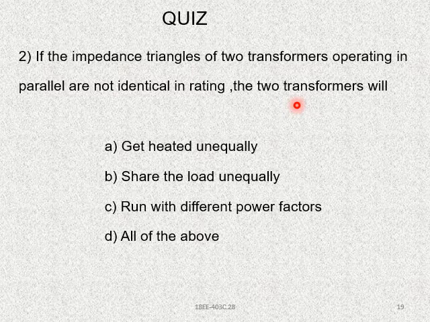I think it's all the above, because if the two impedances are not the same, they get heated unequally, also share the load unequally, and run with different power factors also. So it is all the above.